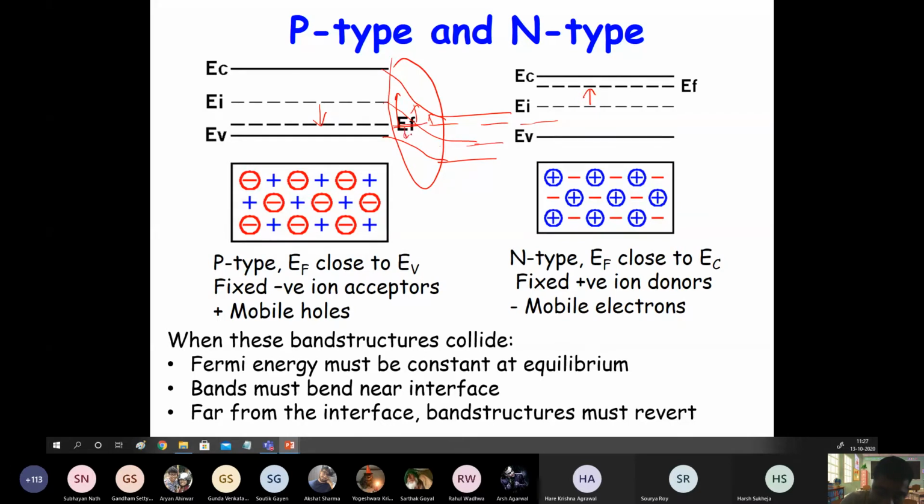And the gap between the Fermi level and the valence band is increasing, so it is changing from a large p to a small p. So you can summarize: the Fermi level must be constant at equilibrium, and the bands will bend.